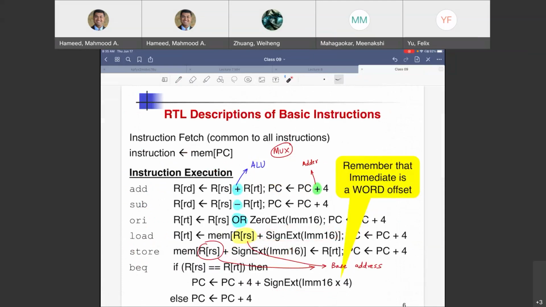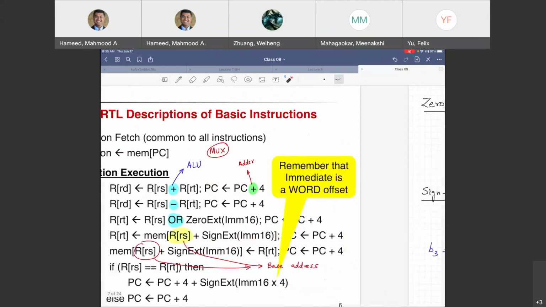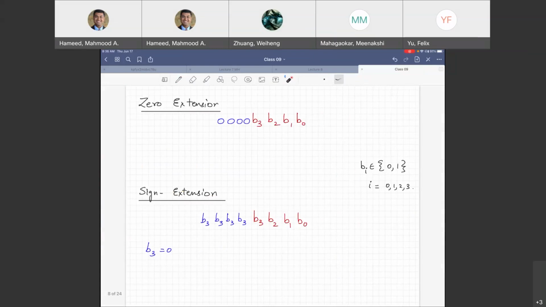For load word and store word, we are computing the target address. Target address equals base address plus offset. If B3 is 0, what is the relationship between target address and base address? Above it. Or equal?